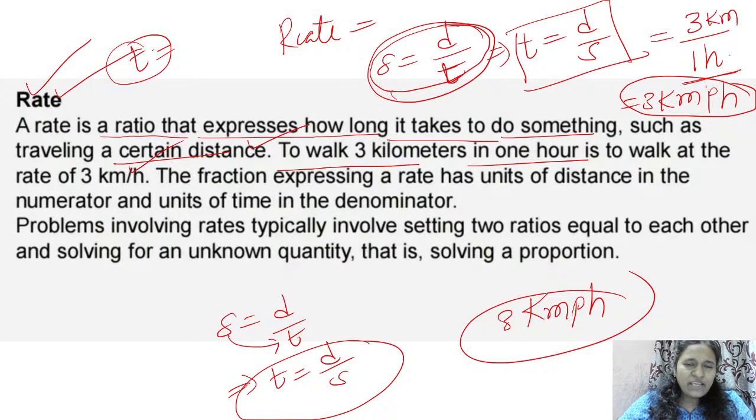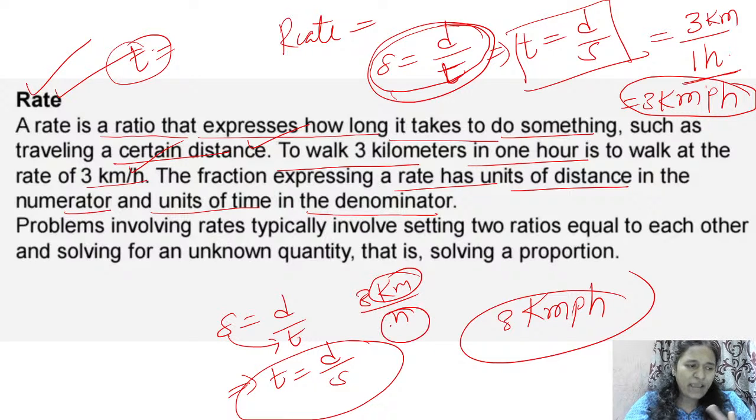That's why we are saying here the rate is 3 kilometers per hour. For 1 hour, we are traveling 3 kilometers. The fraction expressing the rate has units of distance in the numerator and units of time in the denominator. Yes, right? 3 kilometers per 1 hour. This is distance and this is time.